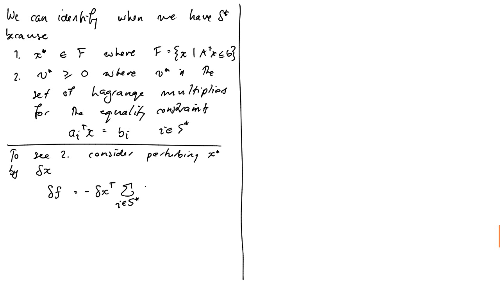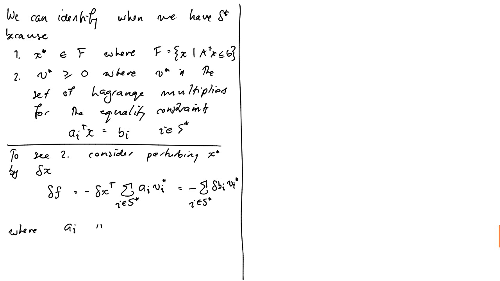We're only looking at the relevant columns of A from our active set, AI, VI star. Which is equal to, like we said before, the right hand sides times Lagrange multipliers.